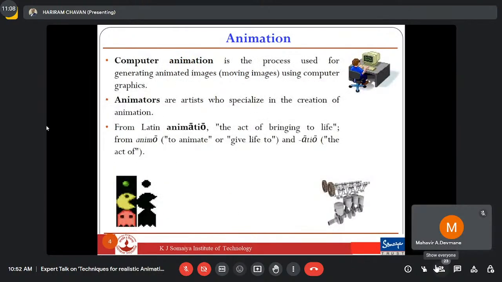The same thing can be achieved in animation as well. As I just said, if a minimum of 30 images or 30 frames are moved in a second, you feel the moving impact of it, and that is what animation is all about.